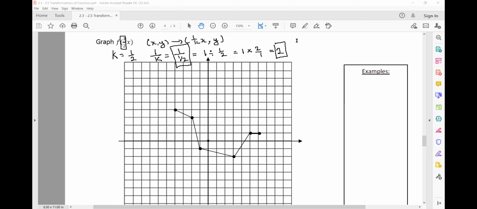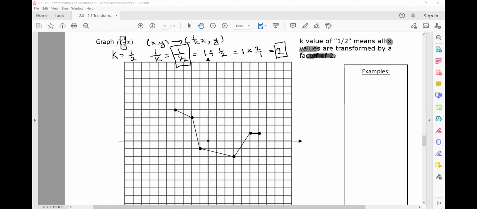Okay. Once again, in text, I will write k value of 1 over 2 means all x values are transformed by a factor of just 2. Everything is being multiplied by 2.